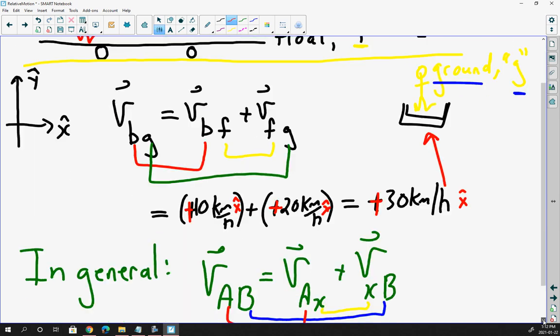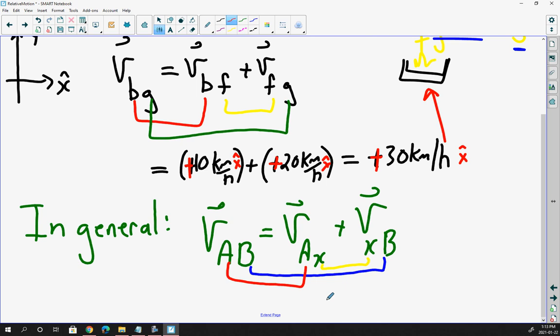So that means we can come up with a general equation. The velocity of A with respect to B is always equal to the velocity of A with respect to some other reference frame, let's call that other reference frame X, just for now, plus the velocity of that other reference frame with respect to B. So when you do this, the first letter here has to be the first letter here.